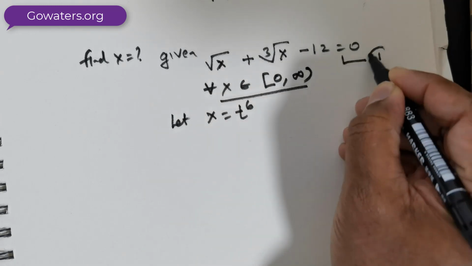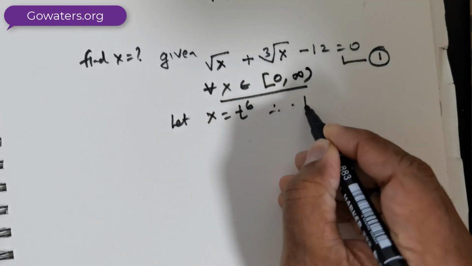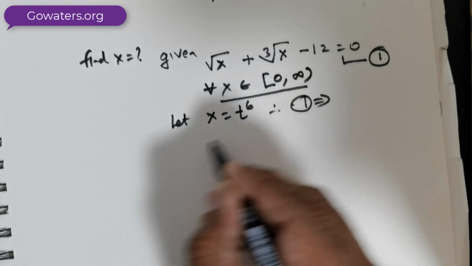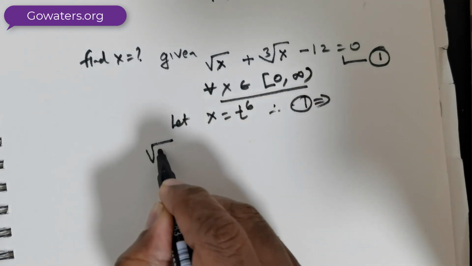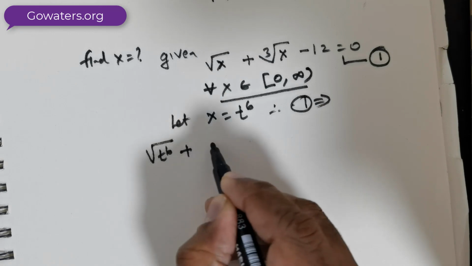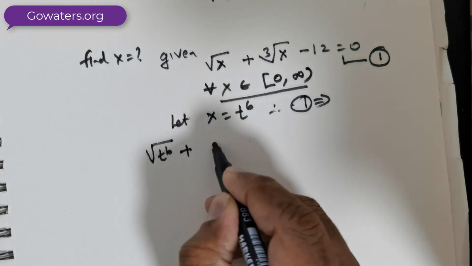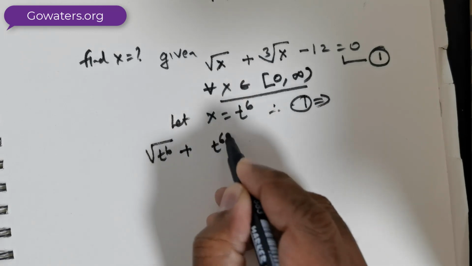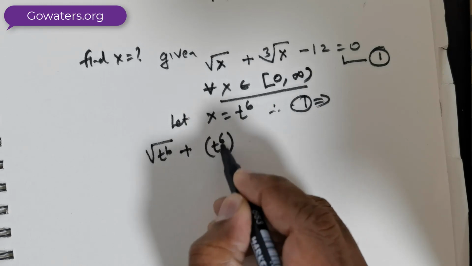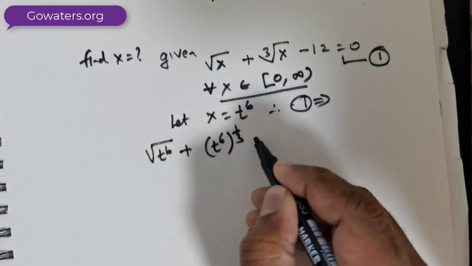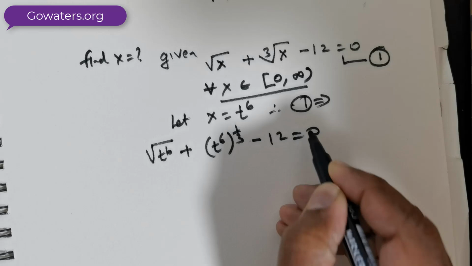Therefore, this can be rewritten as square root of t raised to the power of 6 plus third root of t raised to the power of 6, which is t raised to the power of 6 times 1 over 3, minus 12 is equal to 0.